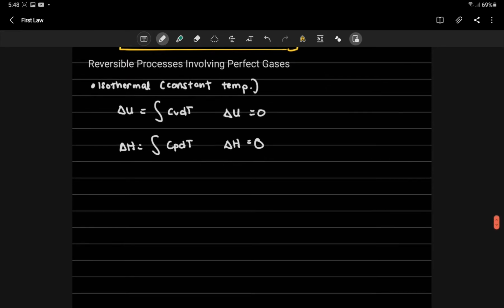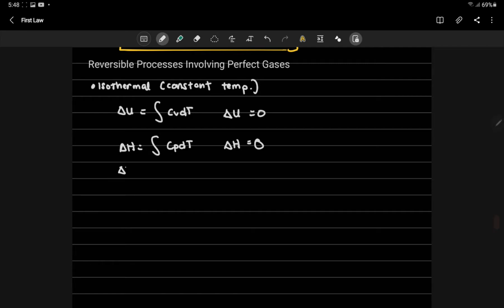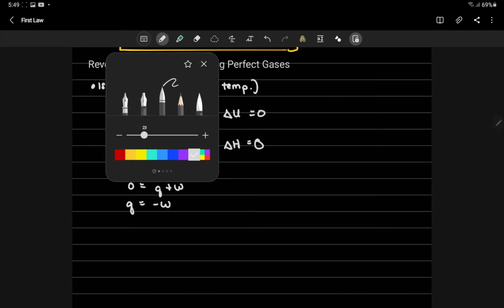Now, remember that delta U is Q plus W. Pero delta U is 0 already. Napatunayan na natin yan. So kung delta U is 0, let's just write there 0 equals Q plus W. Ang ibig lang sabihin niyan, Q will be equal to negative W. But we don't have an expression for W. So far, ang meron tayong sagot is the following.